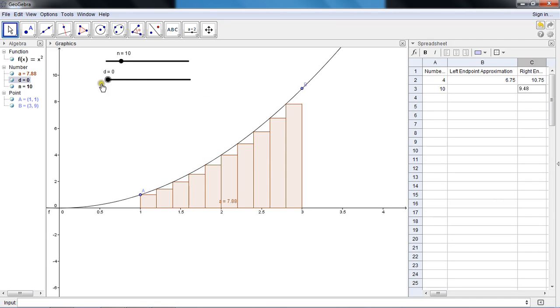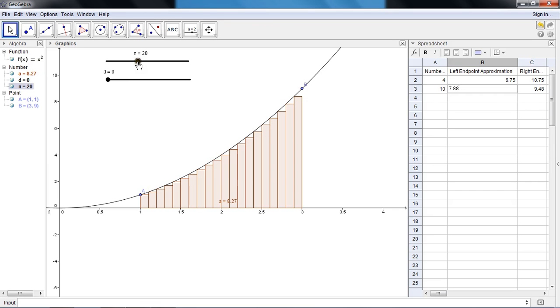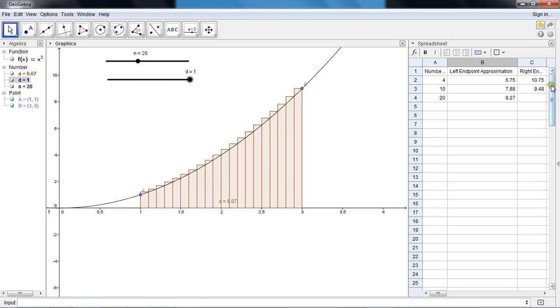And I can also look and see when the left endpoints are given the height, we're given a value of 7.88. Let's up the number of rectangles again and say that the number of rectangles is 20. The left endpoint area approximation is 8.27, and the right approximation is 9.07.